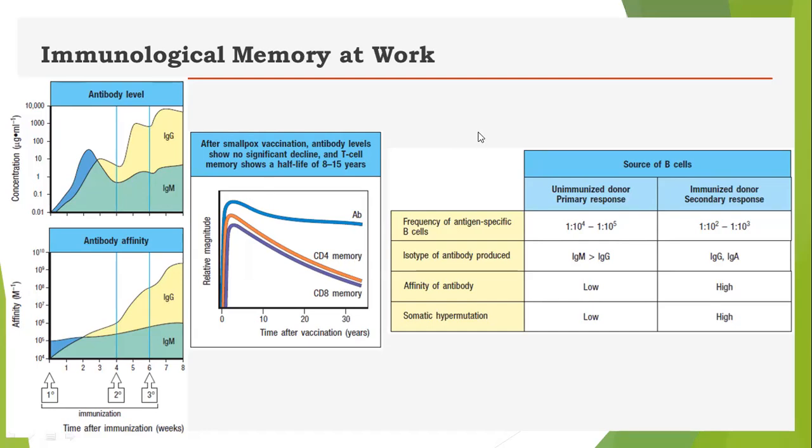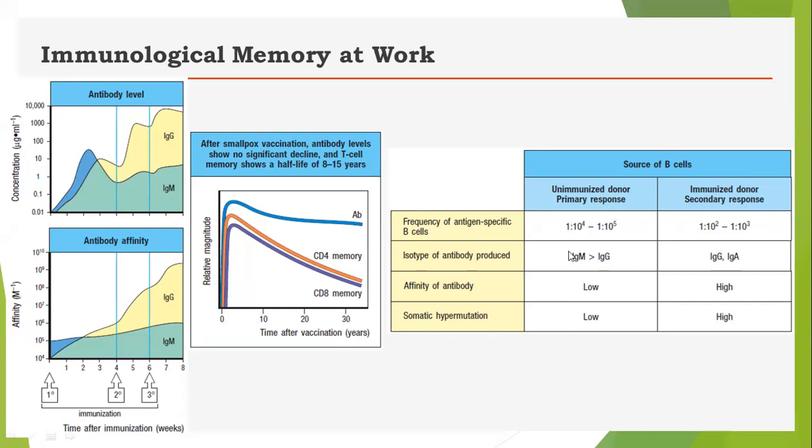And to re-emphasize in terms of the affinity, concentration, and composition of the immunoglobulins, here we have the frequency of antigen-specific B cells. Comparing an unimmunized versus an immunized donor, we see that we have a higher response in the immunized as compared to the unimmunized.